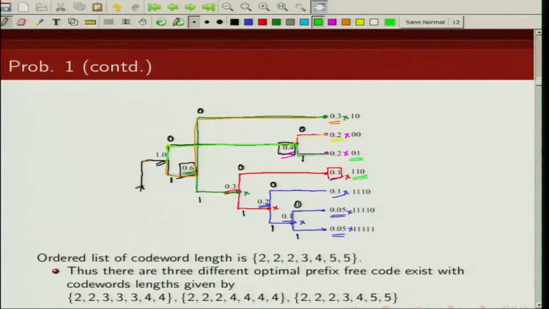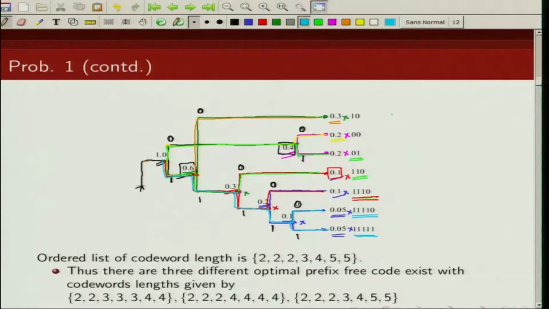Code word for this is 1, 1, 0. Code word for this is 1, 1, 1, 0. Code word for this is 1, 1, 1, 1, 0, and finally this one is 1, 1, 1, 1, 1.